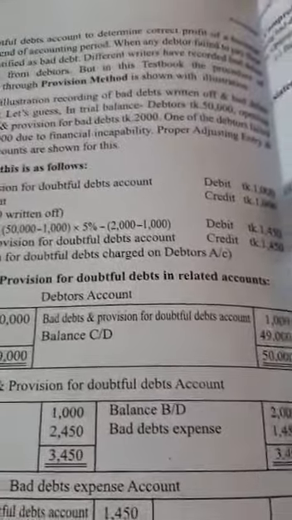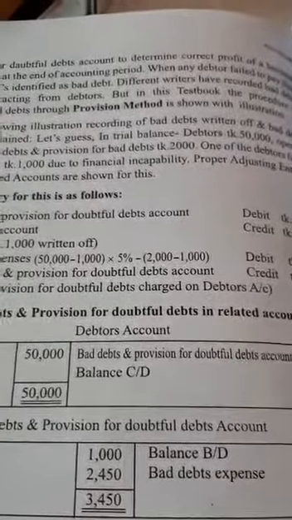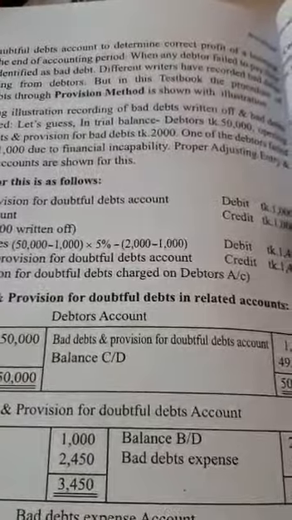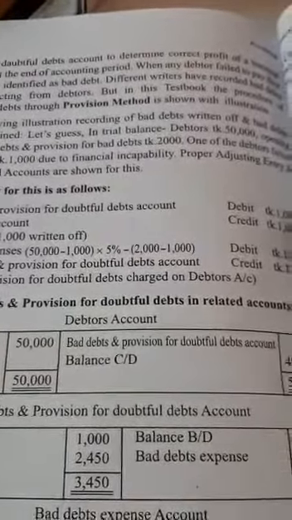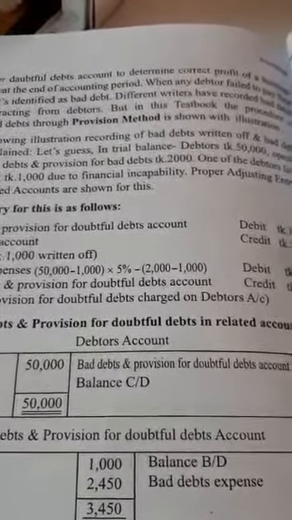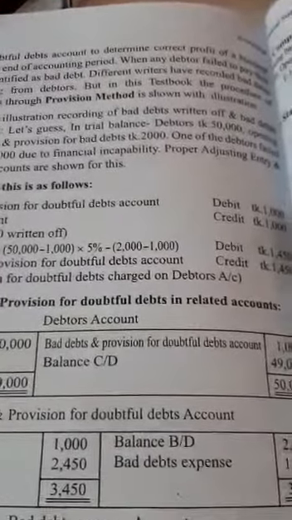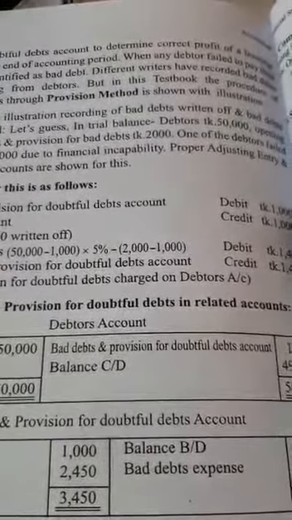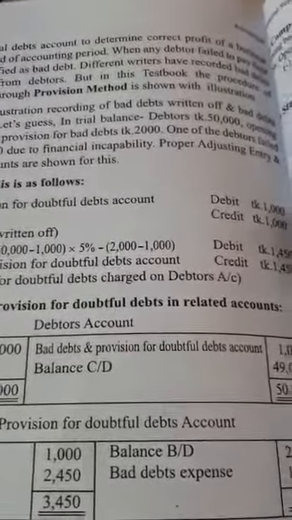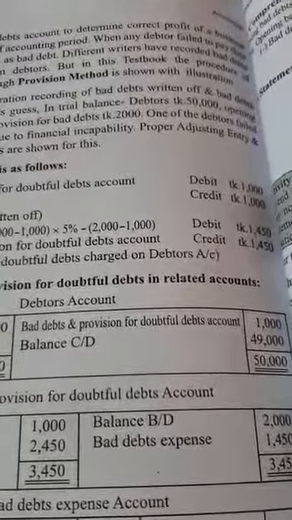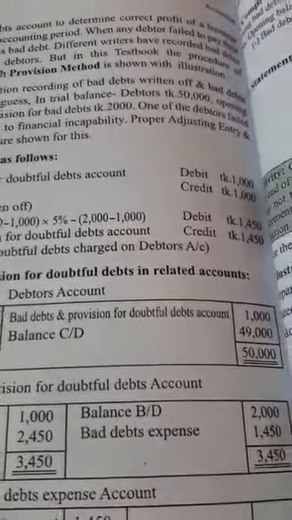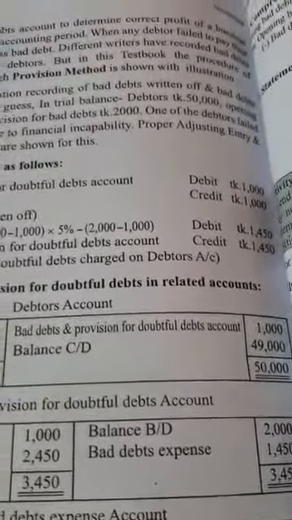Suppose here debtors is given as 51,000 and old provision is given as 2,000. In the adjustment, you are told 1,000 from the debtors is not recoverable. Again, you are told to keep 5% provision for bad debt on debtors.